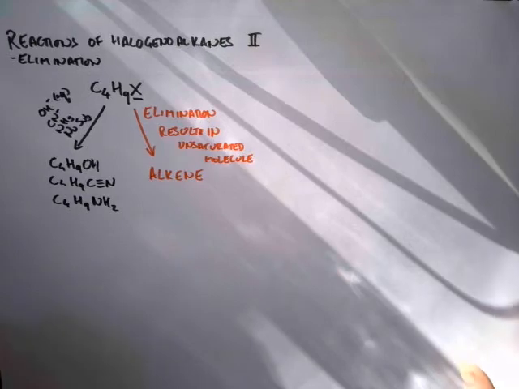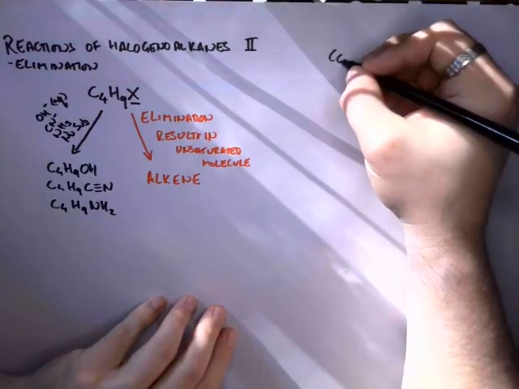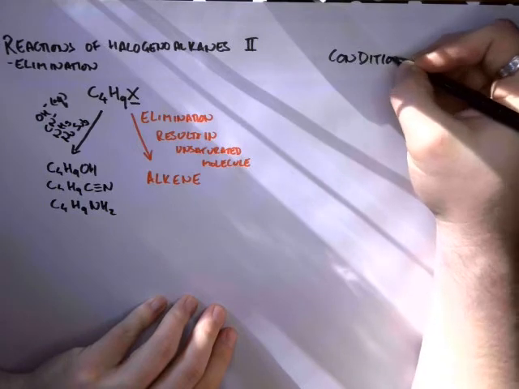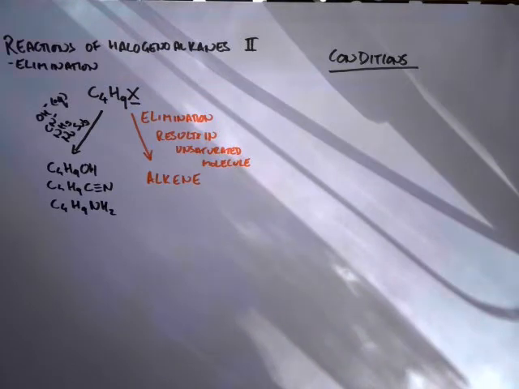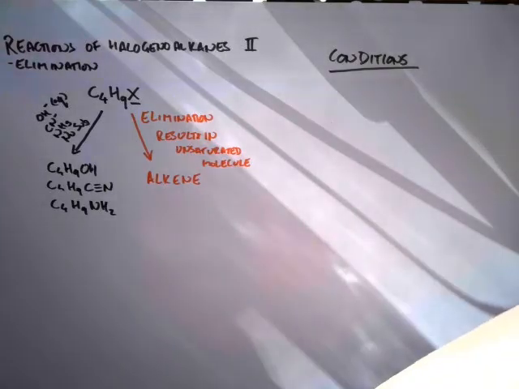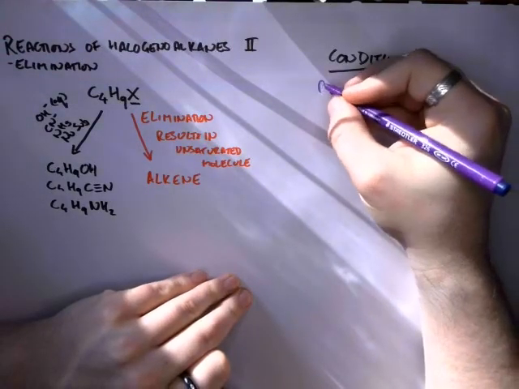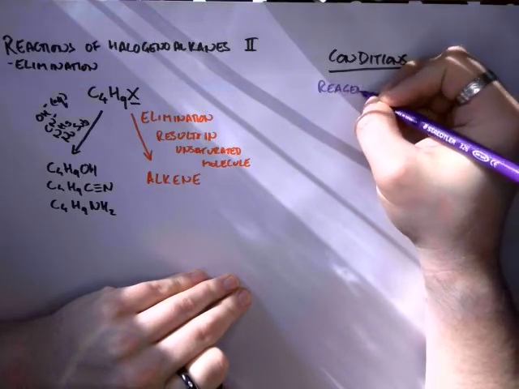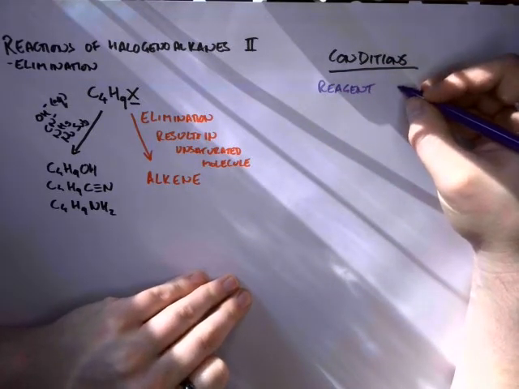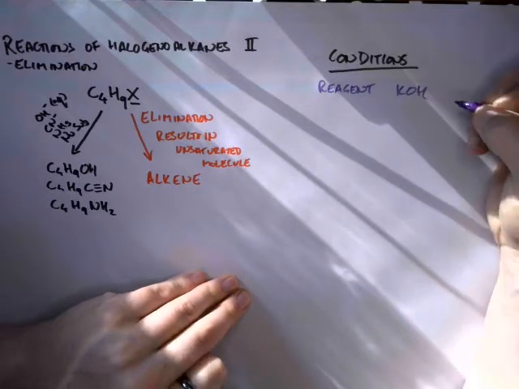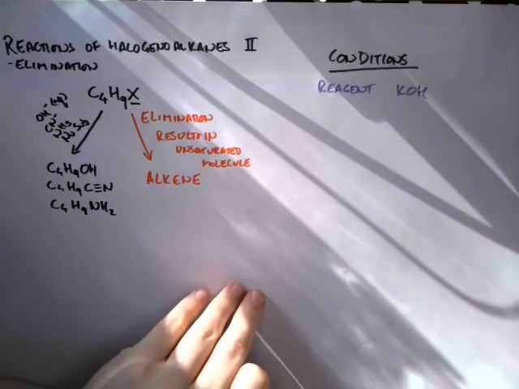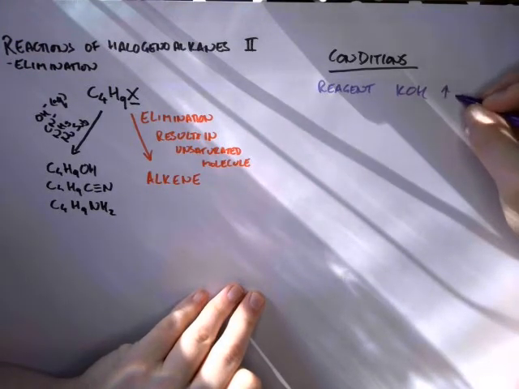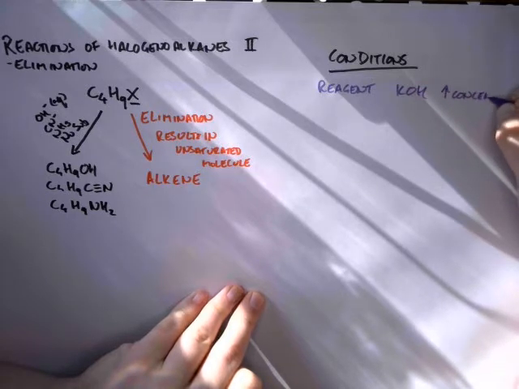So one of the early things I'm going to look at is conditions, and I'd like to discuss this. This is clearly stated in the AQA specification, so you do need to know these. The first thing is that you're going to have your reagent. Your reagent is going to be KOH maybe, so a hydroxide, any hydroxide, and it is likely to be quite a high concentration.